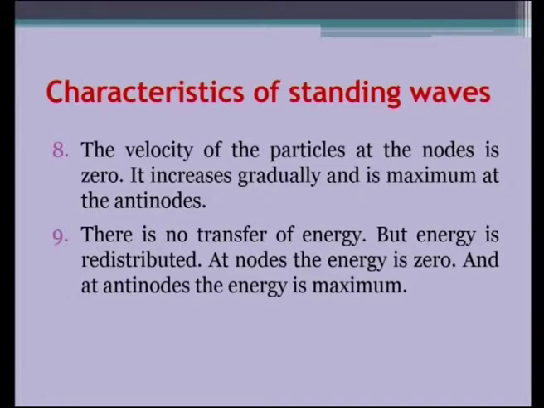There is no transfer of energy, but energy is redistributed. At nodes the energy is 0 because no vibration, and at antinodes the energy is maximum. So, about velocity there is a variation happening. Each particle is having different velocity, but all of them are varying in unison. They have the same time period when they vibrate.